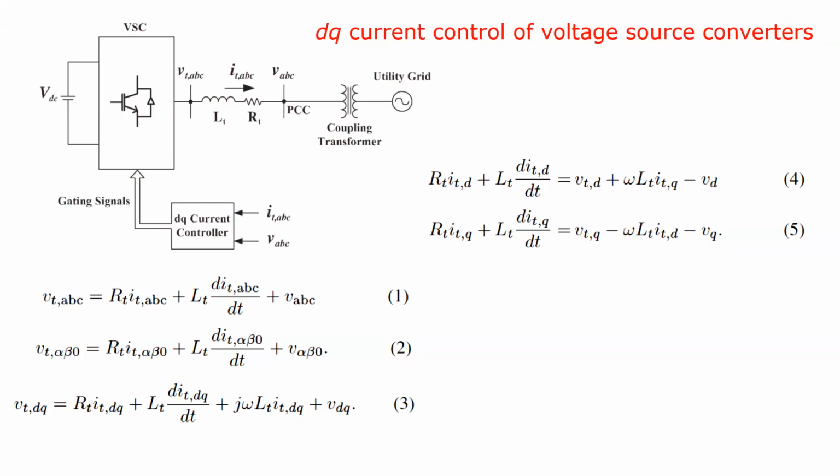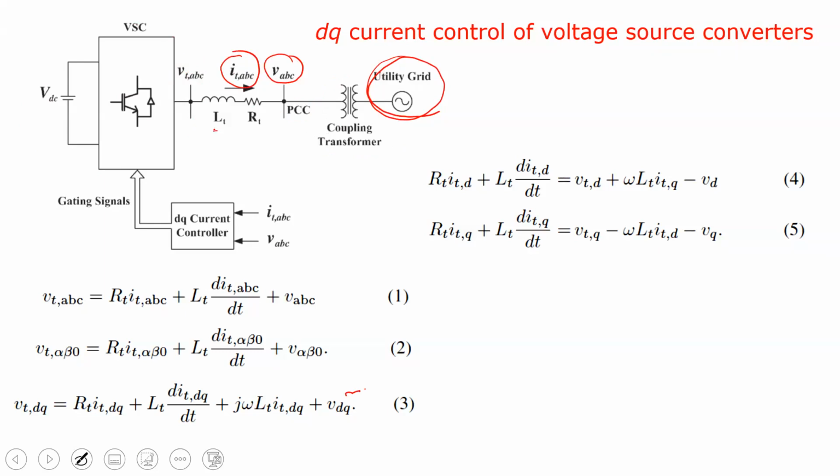Now come to here. This is how you connect the inverter to a grid. You have the utility grid on one side and the inverter, a voltage source converter, on the other side. VTABC are the terminal voltages of the inverter, and this is the inverter current. These are the grid voltages VABC. We are using a coupling transformer, and this is the PCC, point of common coupling.